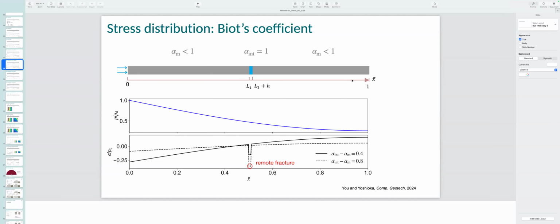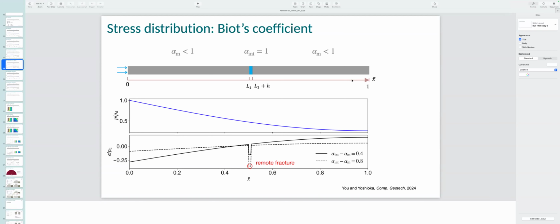This could also promote more inhomogeneous, like a fracture random creation. It has a very critical application for CO2 sequestration, because usually you inject into a saline formation.